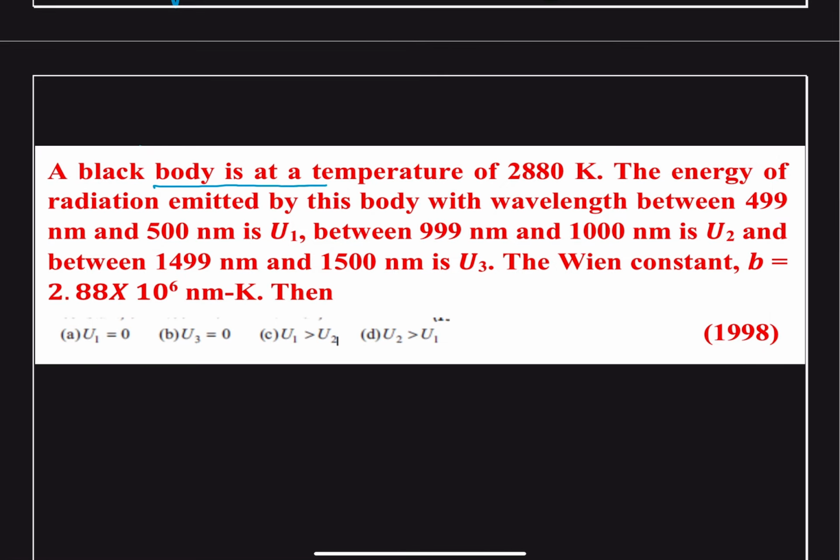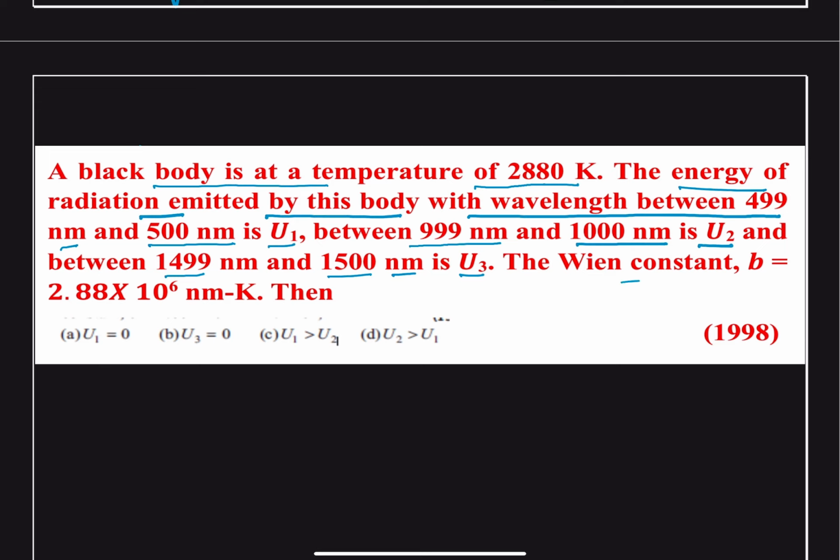A black body is at a temperature of 2880 Kelvin. The energy of radiation emitted by this body with wavelength between 499 nanometer and 500 nanometer is U1, between 999 nanometer and 1000 nanometer is U2, and between 1499 and 1500 nanometer is U3.